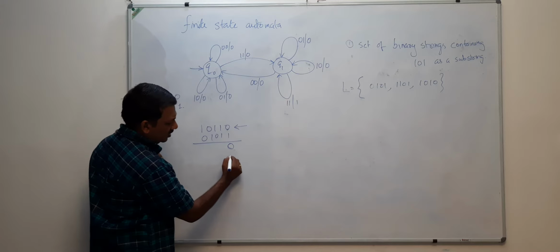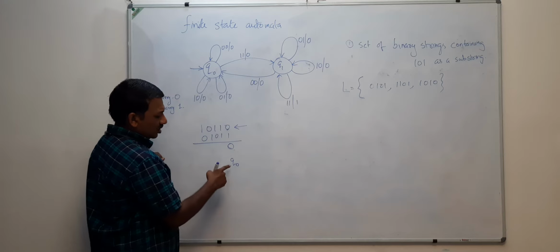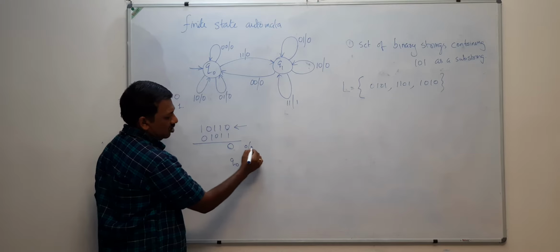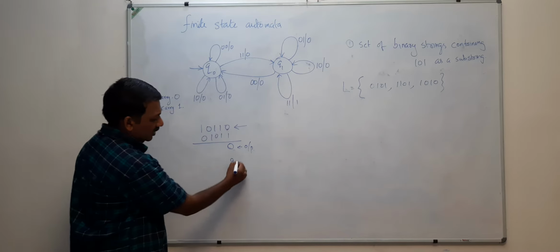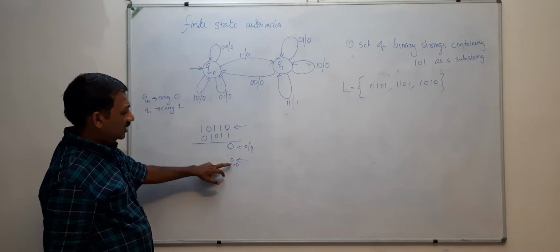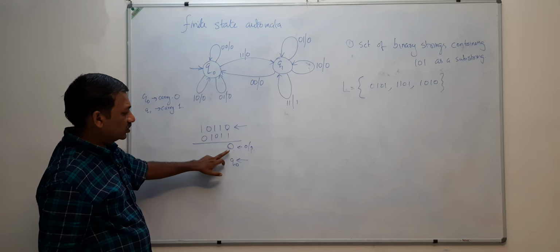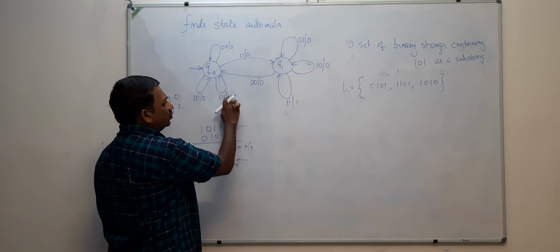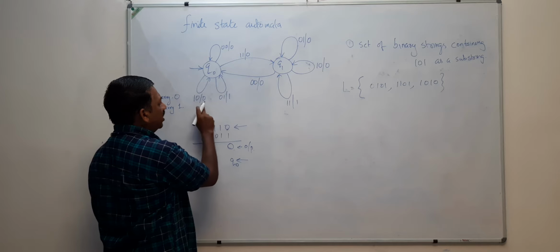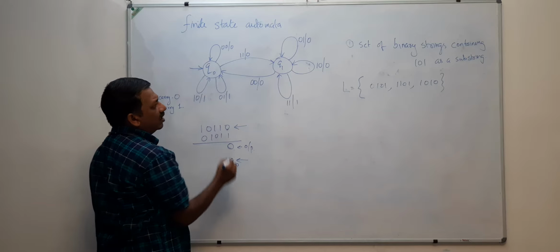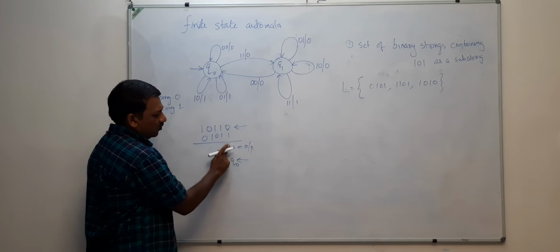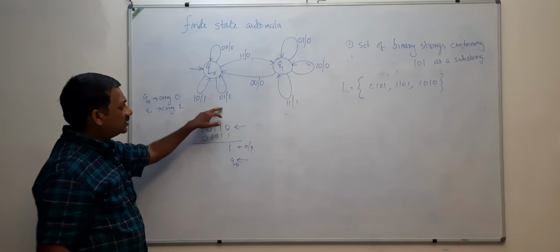We are moving from right to left, and here also the input is 0 1, so it is producing an output of 1, and it is staying in the same state.